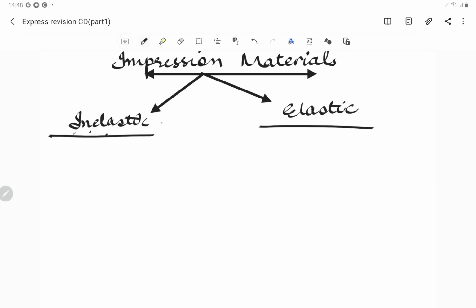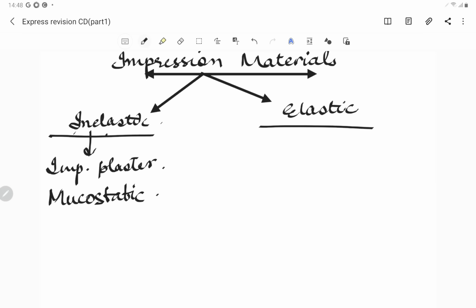So inelastic materials can be impression plaster, or also ZOE. All the mucostatic impression materials will come under inelastic. Elastic means the impression is elastic, so it is going to be the mucocompressive kind, that is the elastomers.